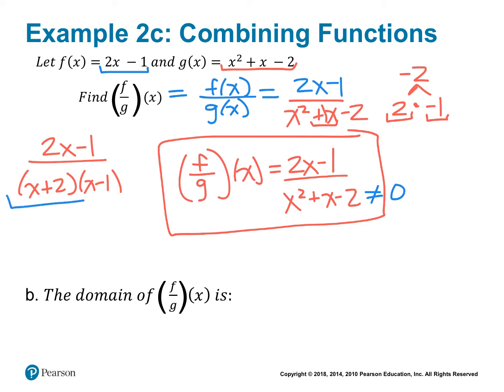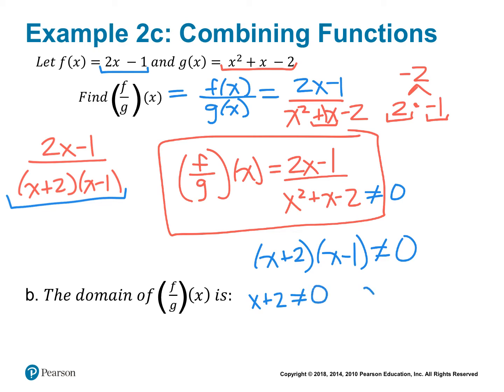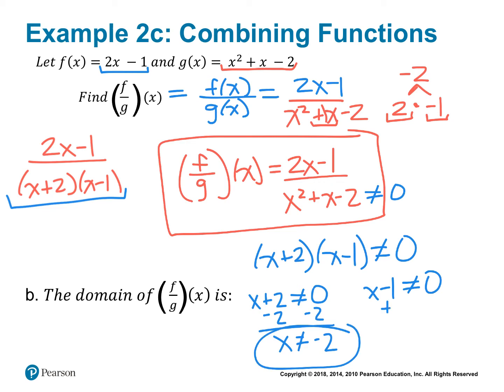Now I just factored it over here, so that's going to make it easier because I'm saying the x plus 2 times the x minus 1 cannot equal 0. So that means x plus 2 cannot equal 0, and x minus 1 cannot equal 0. So I'm going to get x cannot equal negative 2 and x cannot equal positive 1.